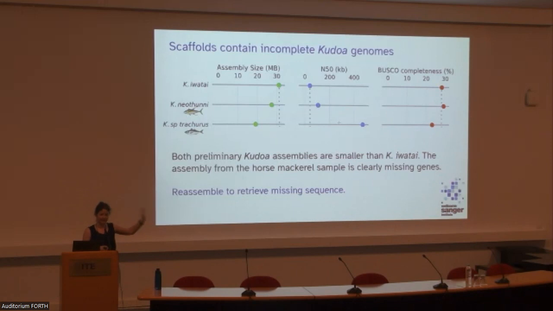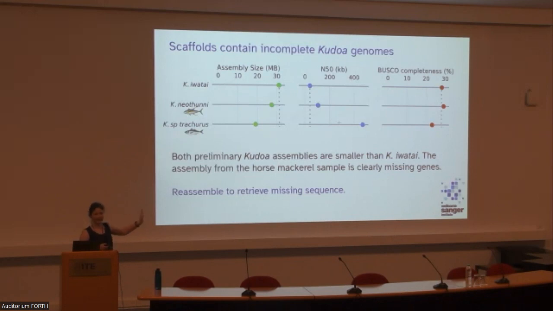Unfortunately, it seems that those preliminary scaffolds that were pulled out of the fish don't have the entire genomes. At the top, we've got the closest reference that's been released, and you can see that both of these assemblies are a bit on the small side. That doesn't seem to be explained by the contiguity, which is higher than before, which you'd expect from the technology.